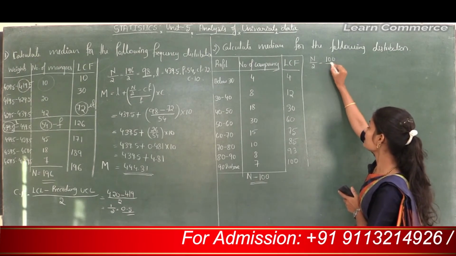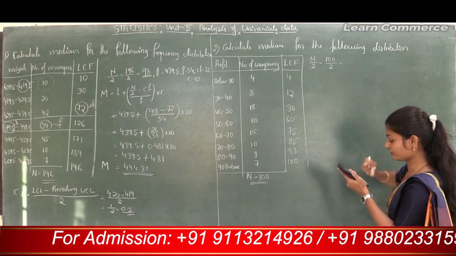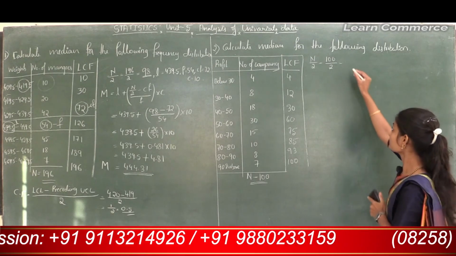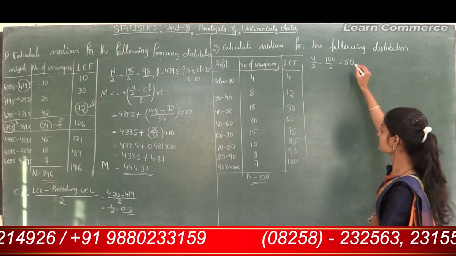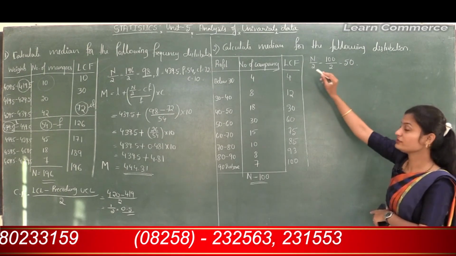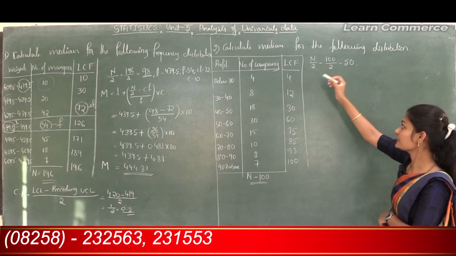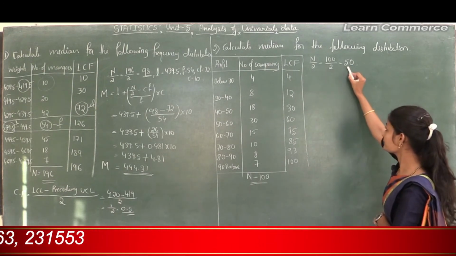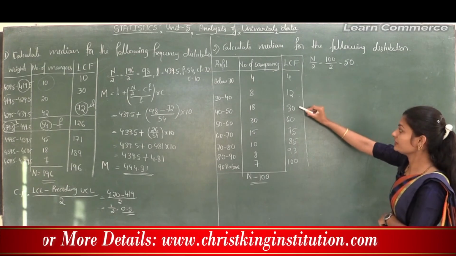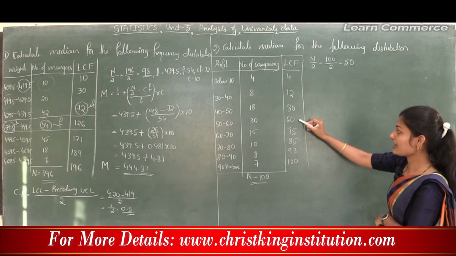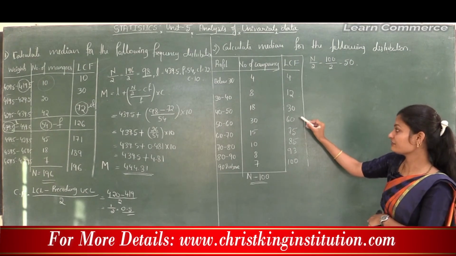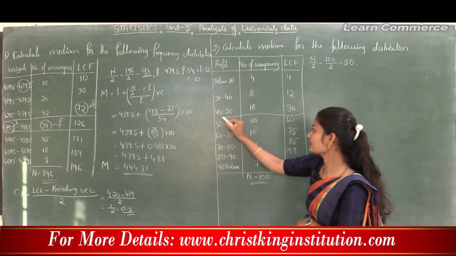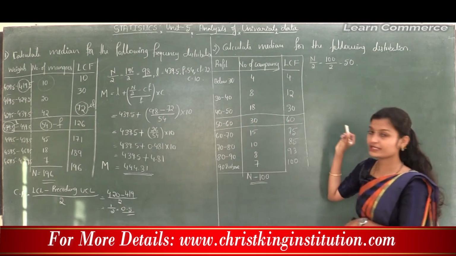So 100 divided by 2, that is 50. Next I will find this value in the LCF. So here 50: 4 is less than 50, 12 is less than 50, 30 is less than 50, but 60 is greater than 50. Therefore, I will select this class as the median class.